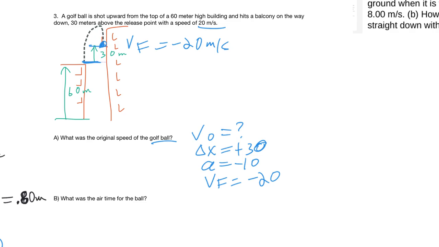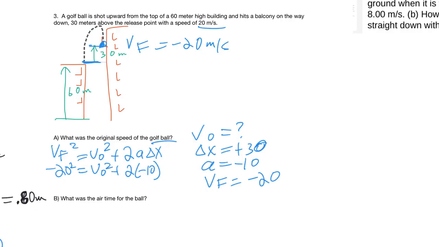How about VF squared equals VO squared plus 2A delta X. So negative 20 squared equals VO squared plus 2 times negative 10, acceleration due to gravity, times positive 30.